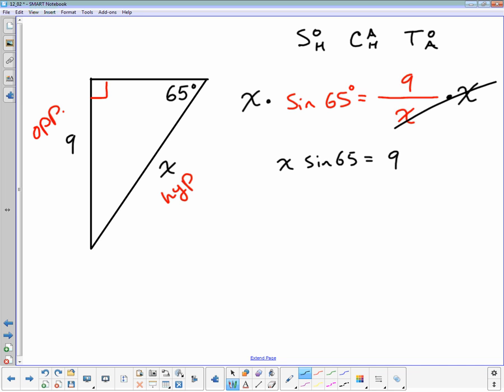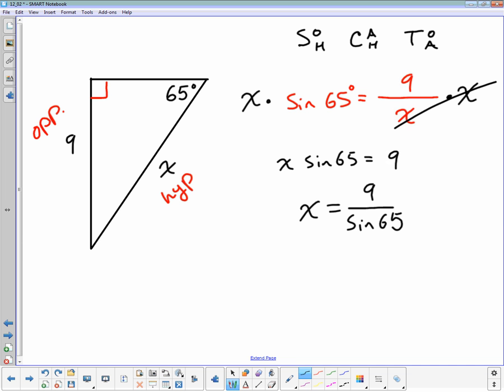Now how do I get X alone? Remember, the sine of 65 is just a funky decimal. Because remember, the sine of 65 is some goofy decimal, right?